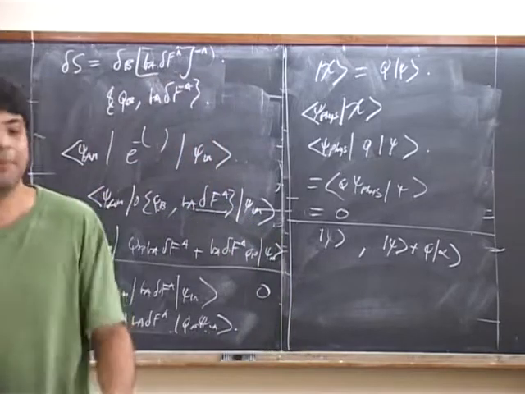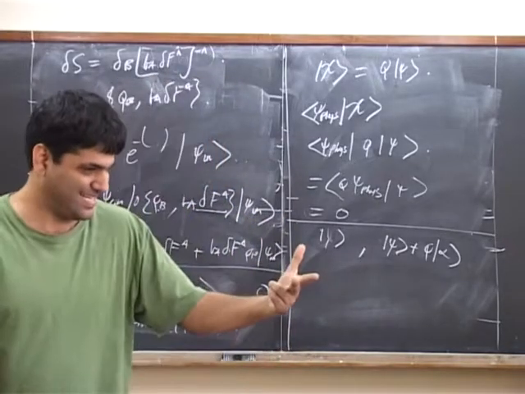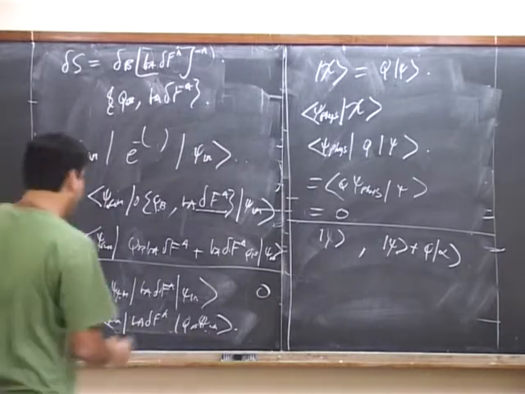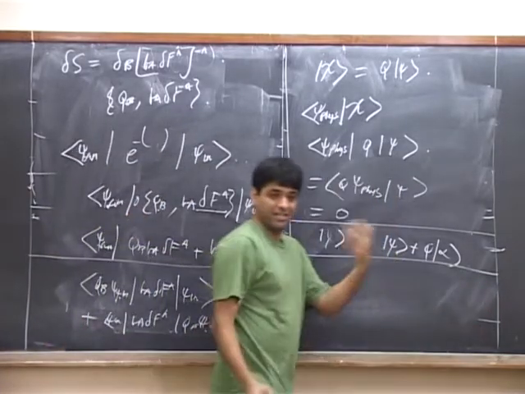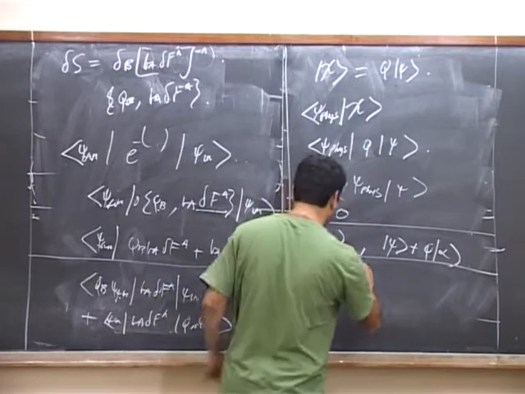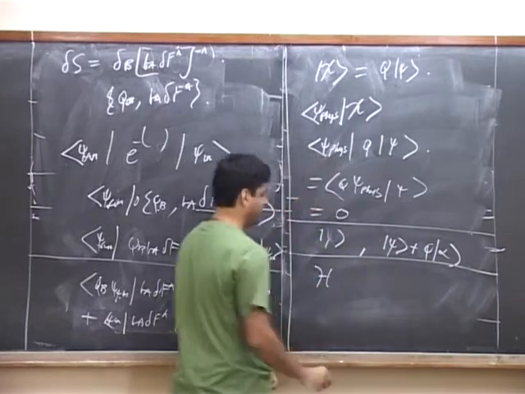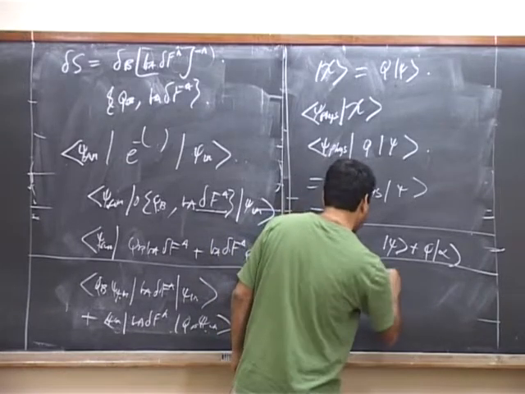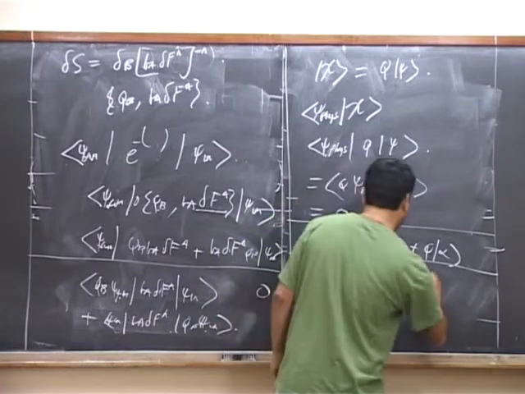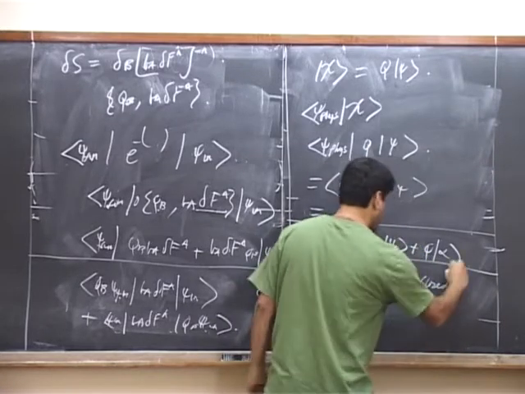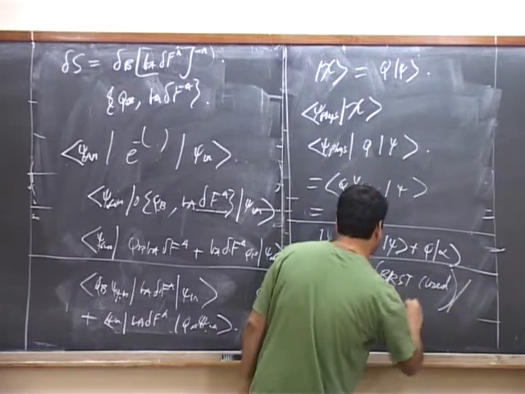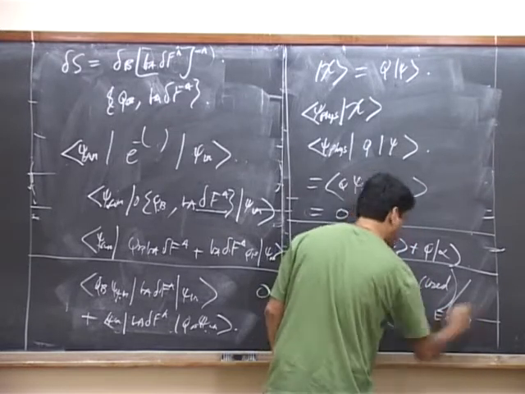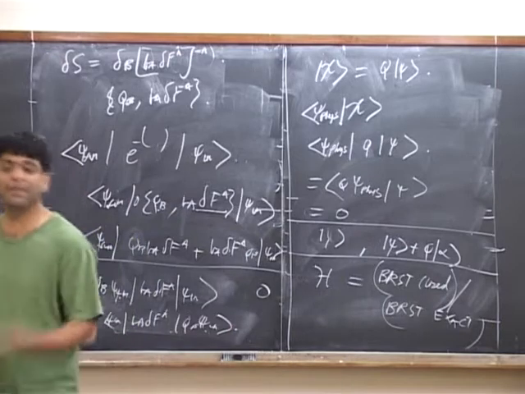So the true physical Hilbert space, if you want one state per physical configuration, is more subtle than just the set of all BRST closed states. The physical Hilbert space is BRST closed modulo BRST exact. And that modulo means the following.